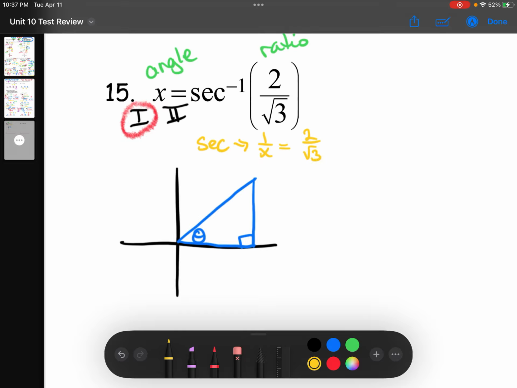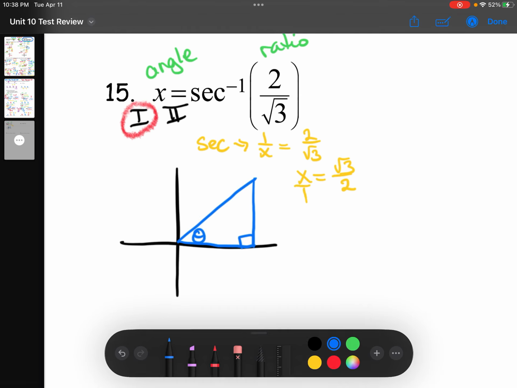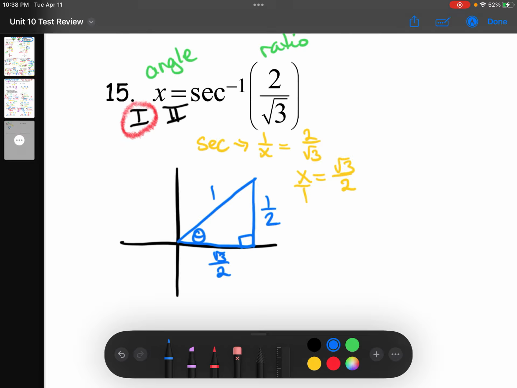So x, flip both sides, x would be root 3 over 2. 1 over x is 2 over root 3. Flip both sides of that fraction. X, or x over 1, is root 3 over 2. So with an x of square root 3 over 2, hypotenuse of 1 gives us a y of 1/2.